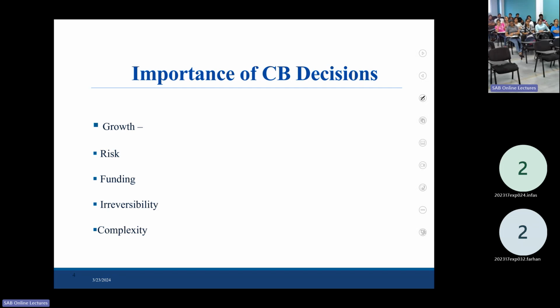Right? After accepting, even, you will go back and review all the things again. After accepting, there is a certain cost you cannot recover if you reject the particular investment. You cannot reverse. After accepting the long-term investment project, you cannot reverse because a large amount of sunk cost is there.